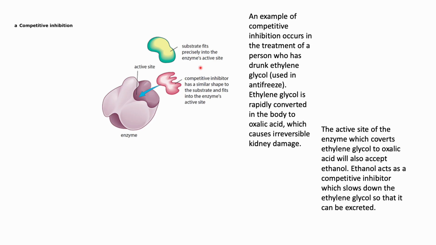Ethanol is going to act as our competitive inhibitor, which will slow down the ethylene glycol conversion so that it can be excreted. So we don't want to increase the substrate in this example. We want to increase the competitive inhibitor so that the body can get rid of that ethylene glycol.